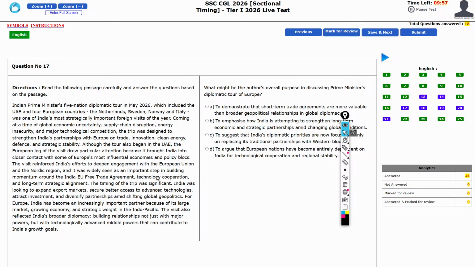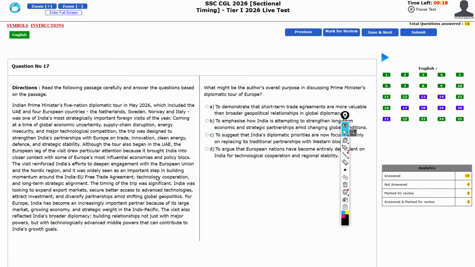Although the tour began in the UAE, the European leg of the visit drew particular attention because it brought India into closer contact with some of Europe's most influential economies and policy blocs.